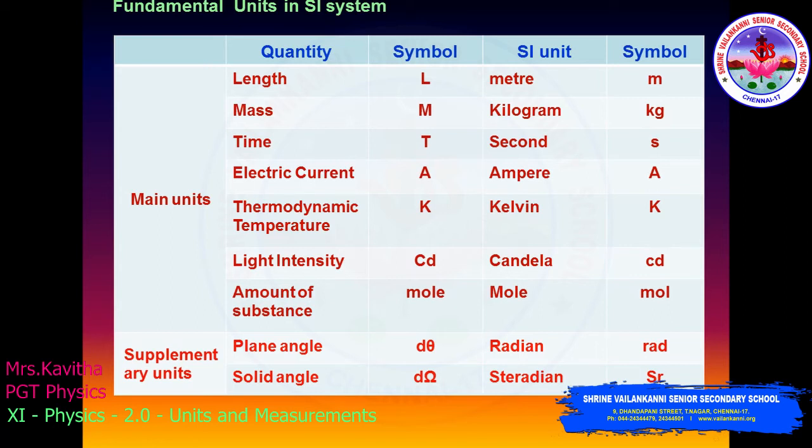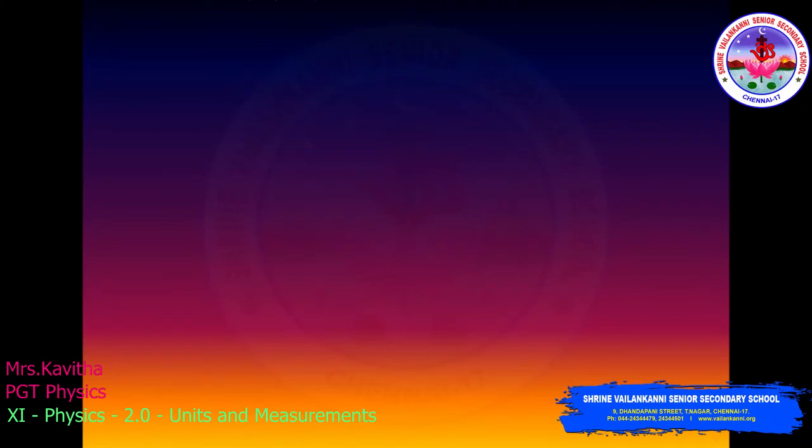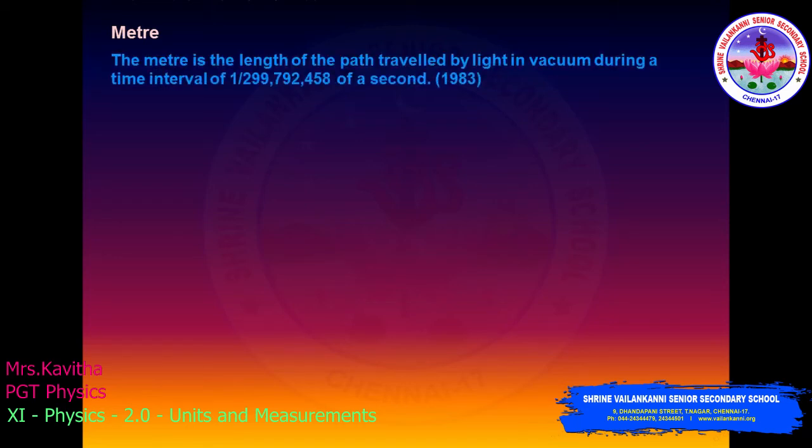you can read them, right? The next one is the definitions of SI units. One by one we can see the 7 basic SI units and their definitions. Meter, symbol m: the meter is the length of the path traveled by light in vacuum during a time interval of 1 by 299,792,458 of a second, right?